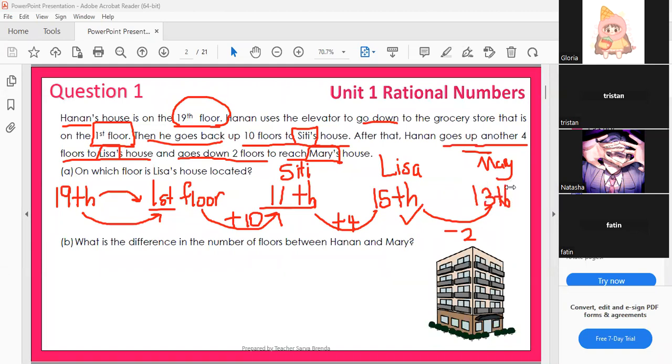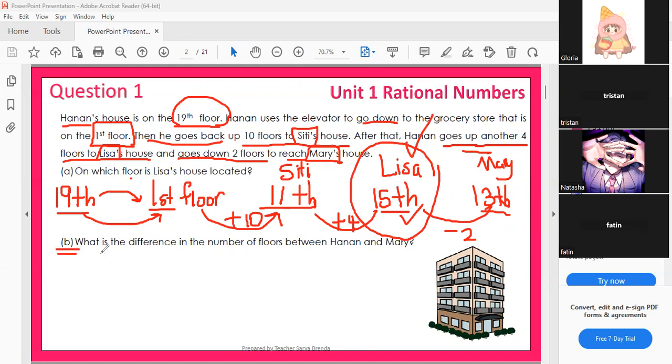You have figured out where everyone is. So Hanan is here, Siti is on the 11th, Lisa 15th, Mary 13th. So on which floor is Lisa's house located? This is Lisa. Got your answer.